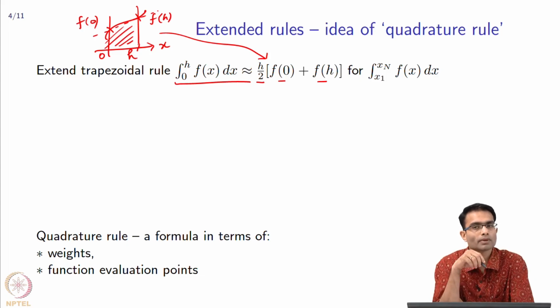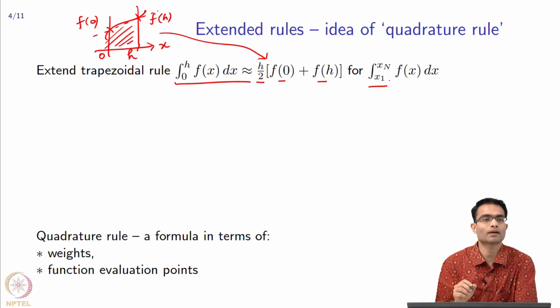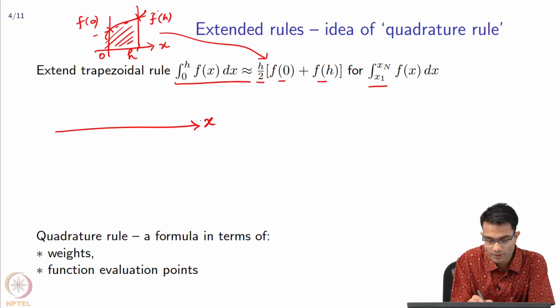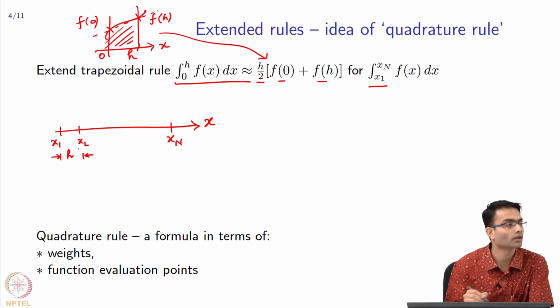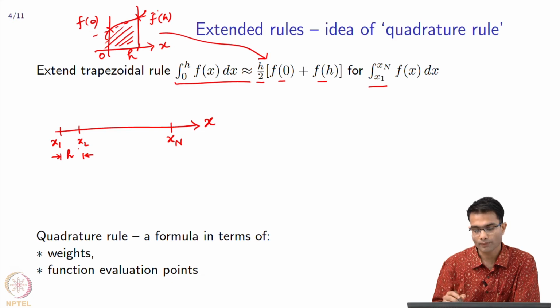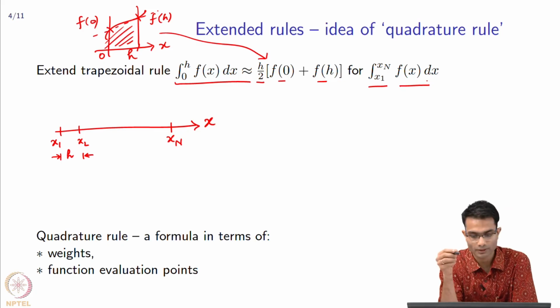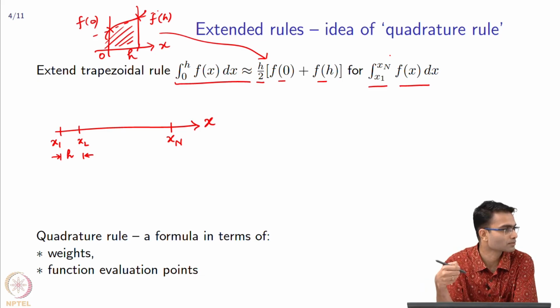Now, I want to extend this rule over an entire interval. Okay. So, let us say I have n points x1 through xn, right. This is my x axis over here and I have x1, x2 dot dot dot all the way up to xn, and let us assume that the spacing is uniform, although it need not be. Okay. So, if I want to apply this trapezoidal rule to find the whole integral from x1 to xn, I just have to add the contribution for each of these segments, correct.